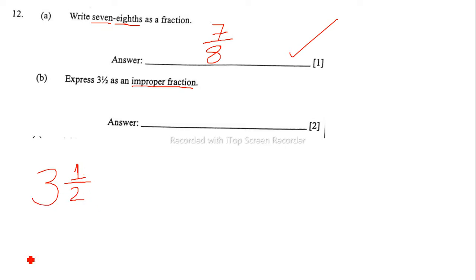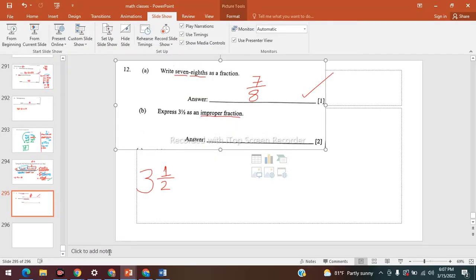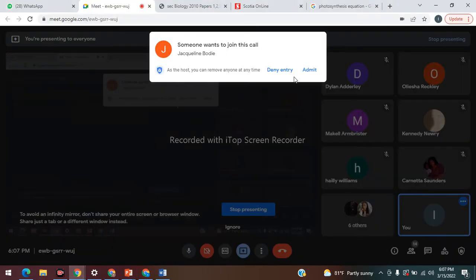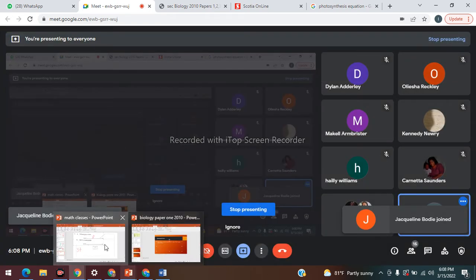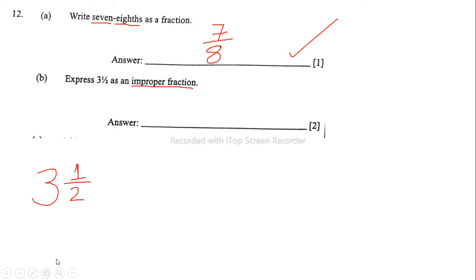The first thing that we do is multiply what? 3 times 2. Multiply the 3 times the 2, and then we have to add 1, right?